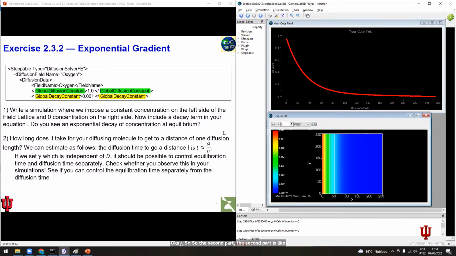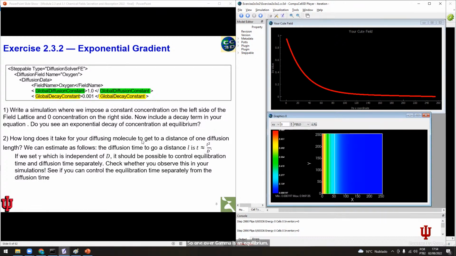You have a proportionality between time, the diffusion time, and the length of the diffusion. Okay, but there's also another time. There is the equilibration time from gamma. So 1 over gamma is an equilibration time.